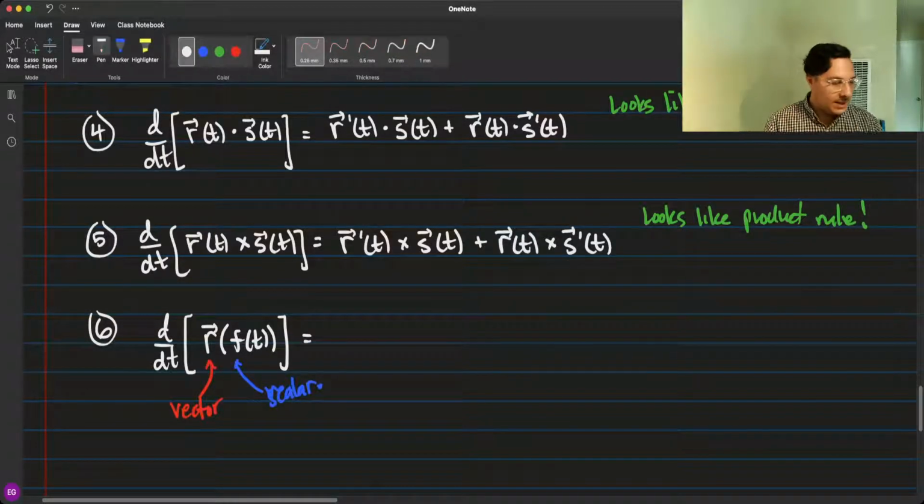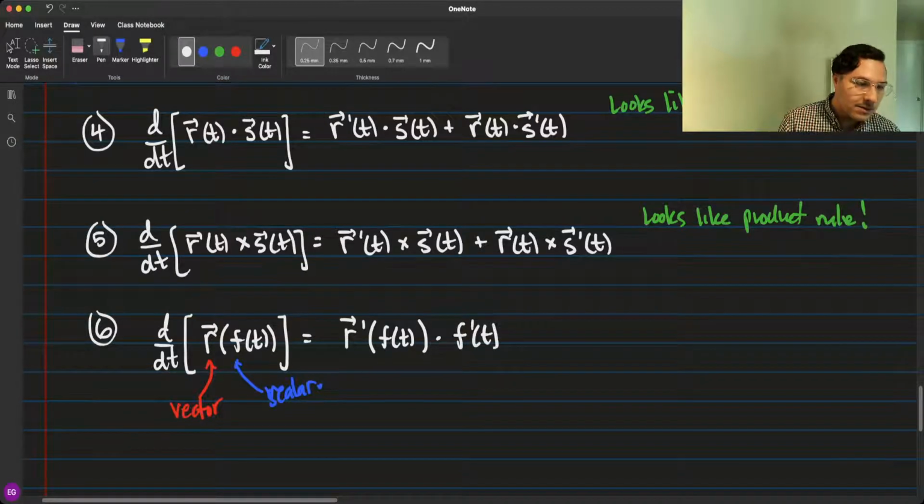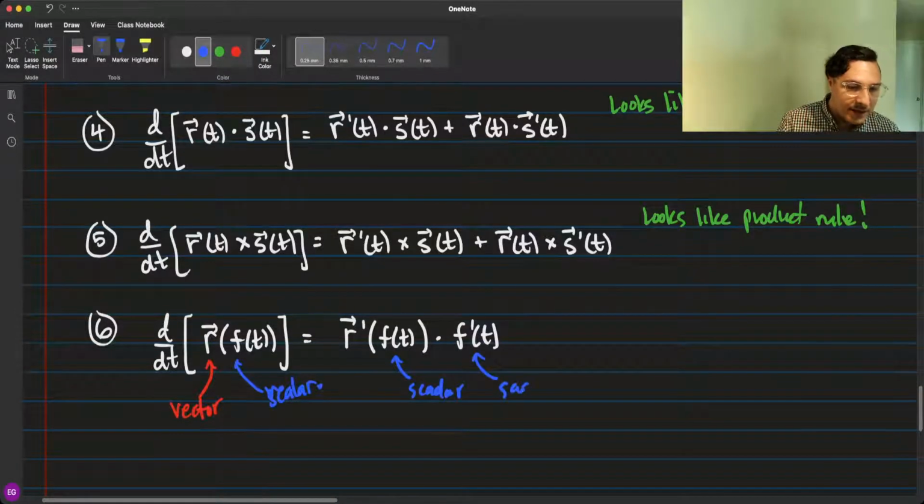So it works basically like you would expect the chain rule to work. You're going to take the derivative of your vector valued function r and plug in f of t, and then you're going to multiply that by f prime of t. Remember, f is a scalar valued function, f prime is a scalar valued function, and r prime is a vector valued function.